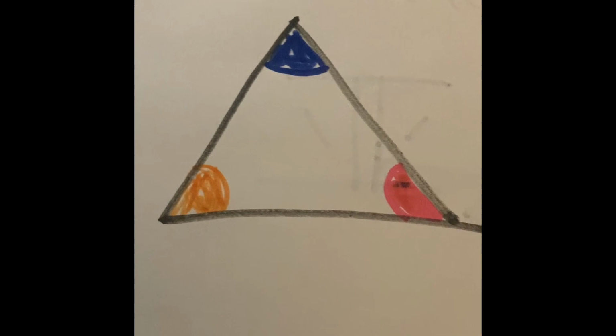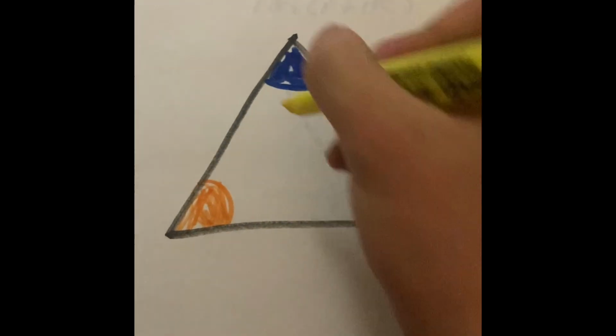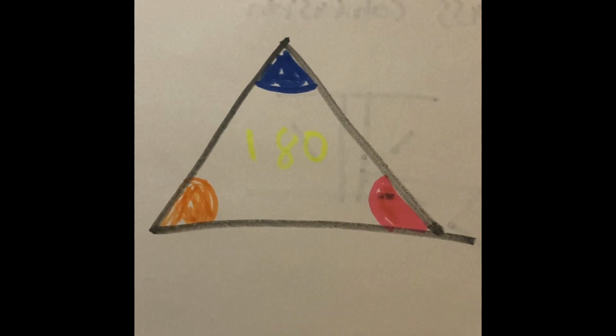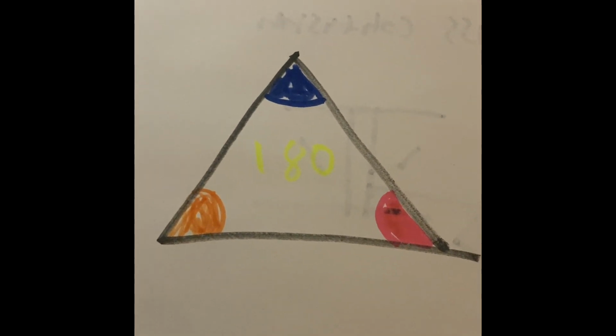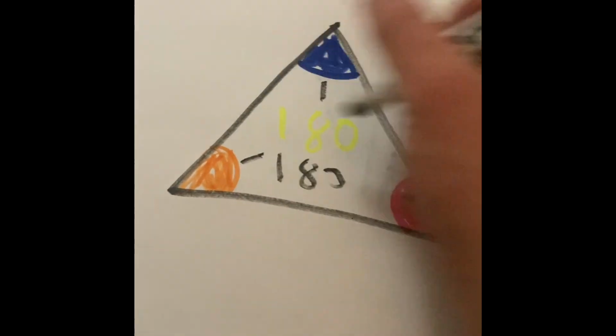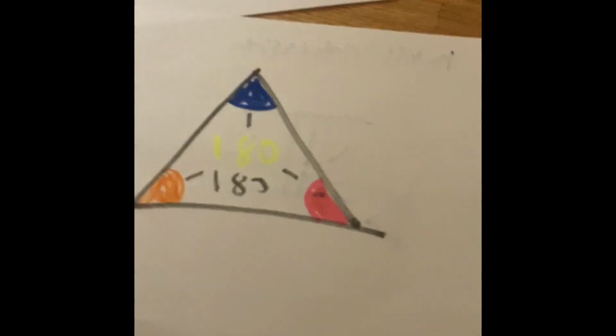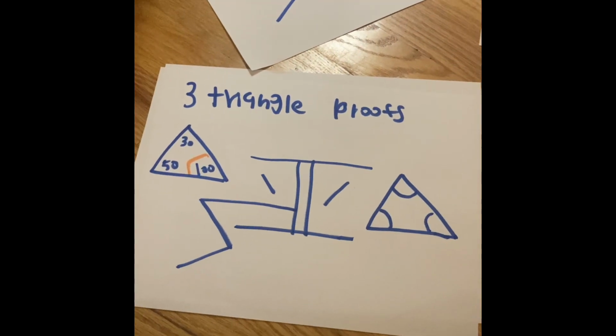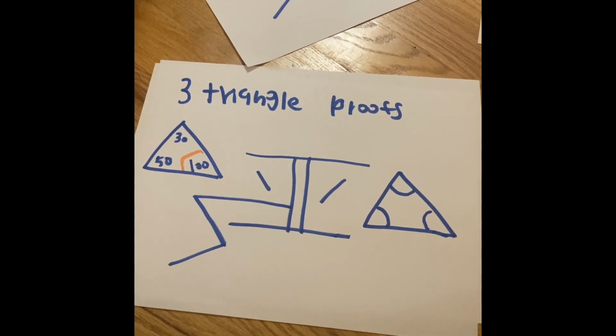Doing so is going to earn you 180 points. Actually, yeah, 180, because they all connect to each other. The Tri-Alliance. I hope this video has helped you understand the 3 triangle proofs.